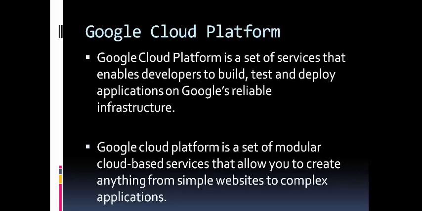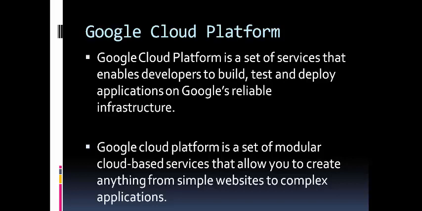Similarly, Google App Engine is a platform as a service, and it gives software developers access to Google's scalable hosting, which includes an SDK, that is a software development kit, to develop software that runs on App Engine.